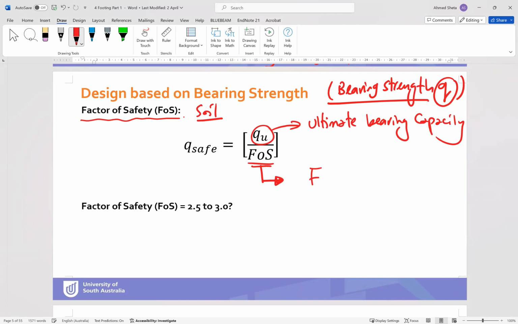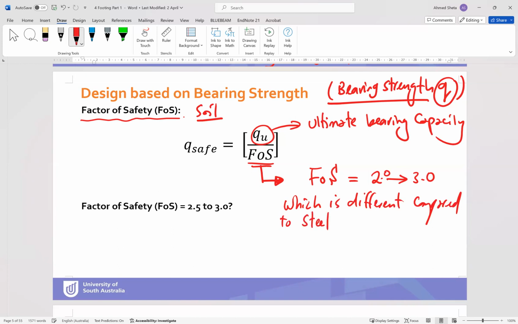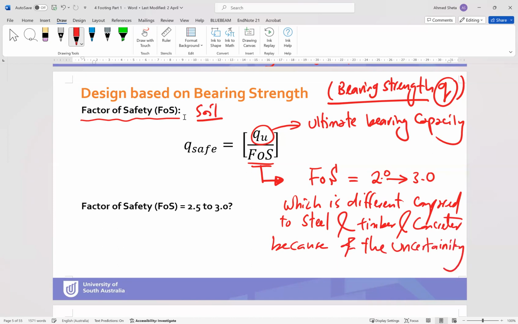The factor of safety in soil is equal to 2 to 3, which is different compared to other materials like steel, timber and concrete, because of the uncertainty of soil.